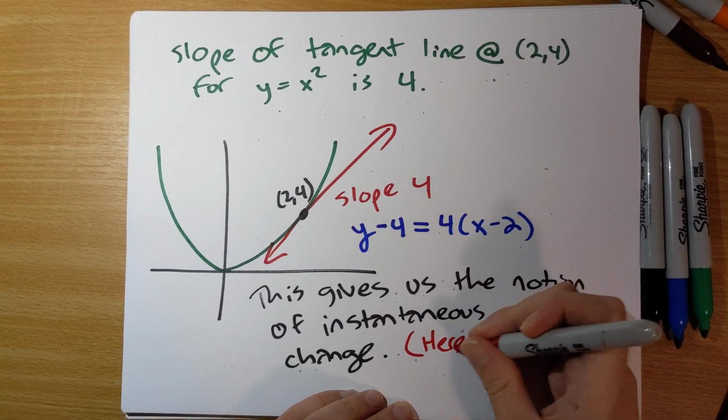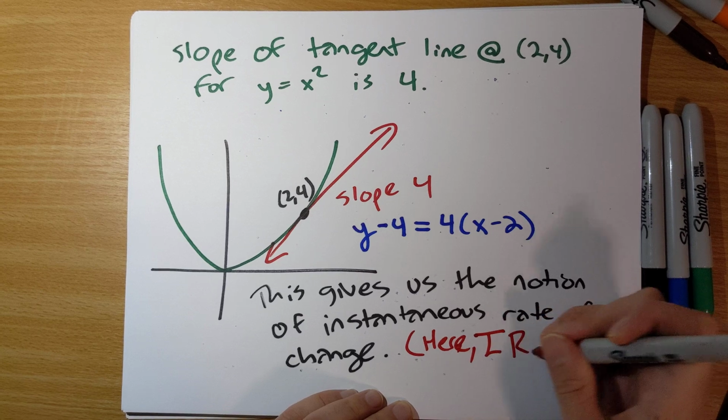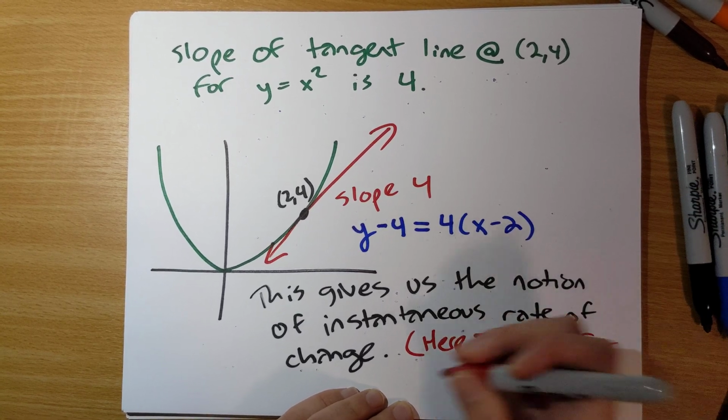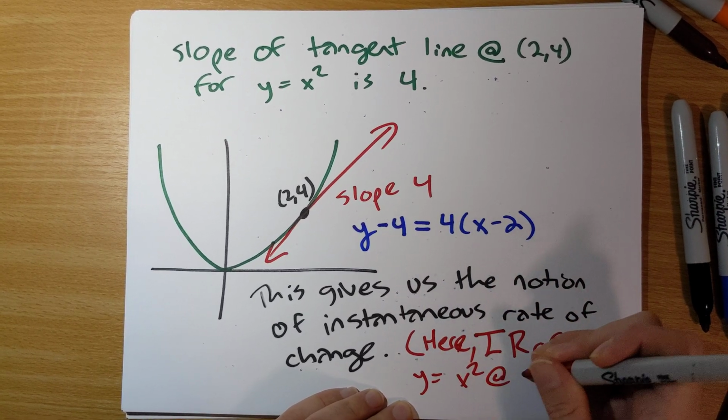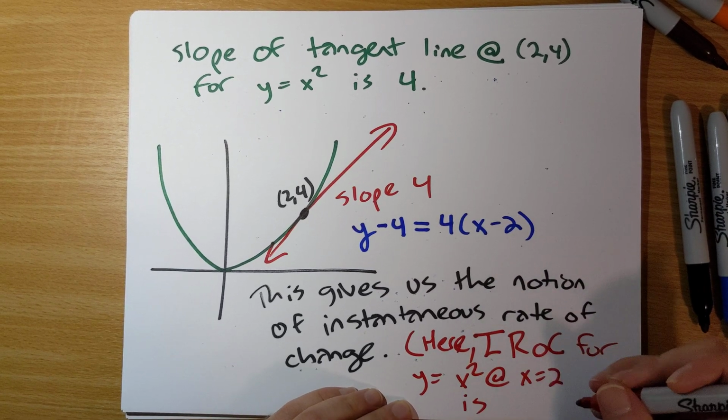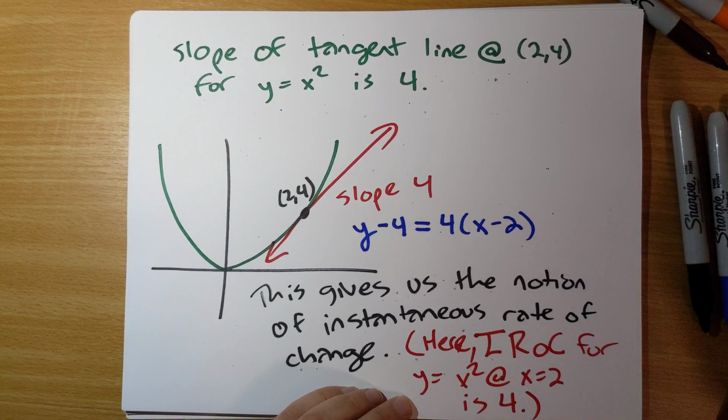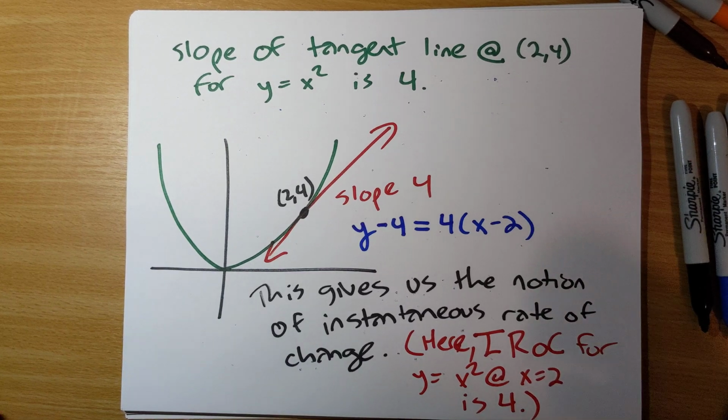The instantaneous rate of change for y equals x squared at x equals 2 is 4. When we hit chapter 3 and start doing derivatives, the derivative of this function at 2 is equal to 4. This is the intro to everything. We just have to build up how to do things rigorously to get there. So, an introduction to slopes of tangent lines and instantaneous rates of change.